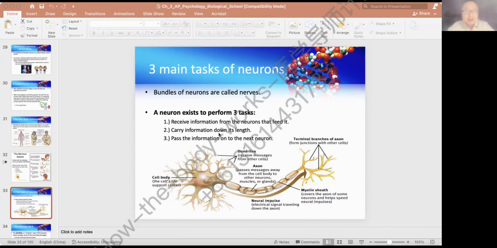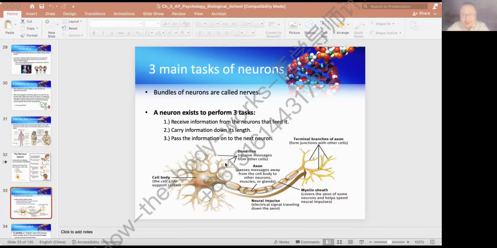So actually, last Saturday, we learned the basic structure of neurons or nerve cells, right? As you can see in the PowerPoints, the neural cell can be divided into three parts: the cell body, and outside of the cell body, you can see the dendrites.